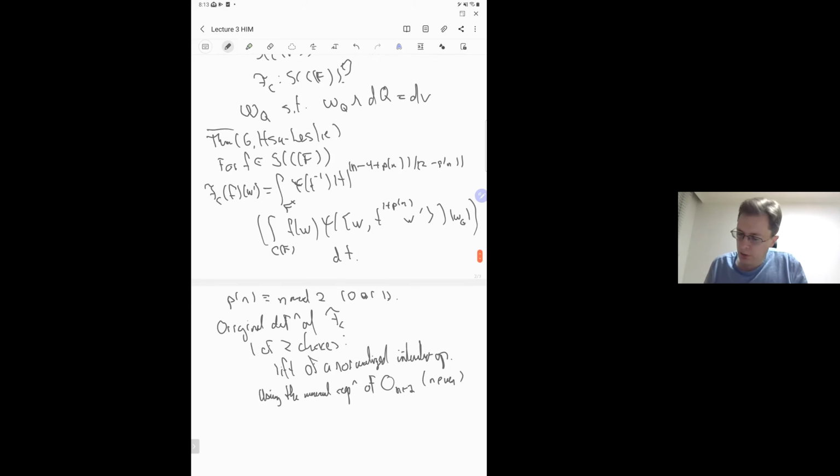And in fact, using this second, and maybe afterwards, if you're interested in this sort of perspective, I can talk about it. But all I want to mention is that using this perspective, Gurevich and Kazhdan obtained the same formula.